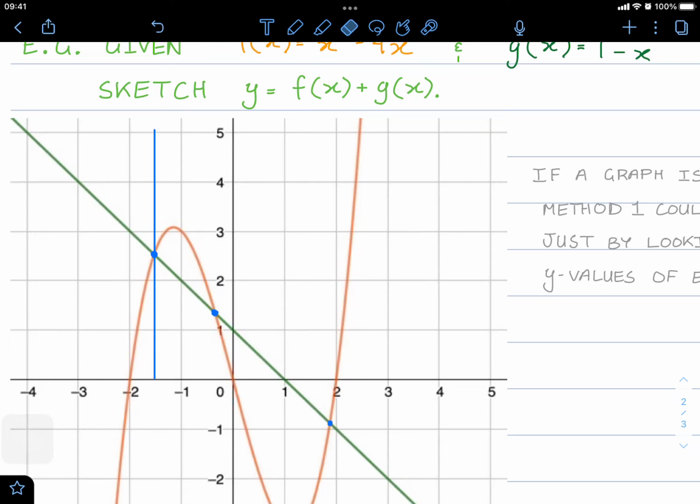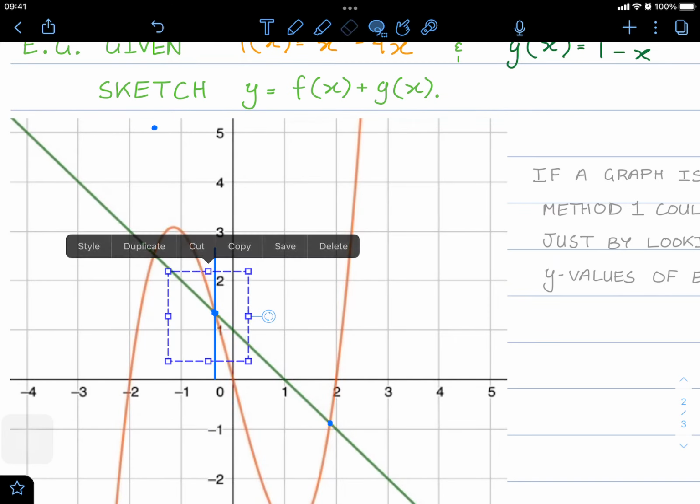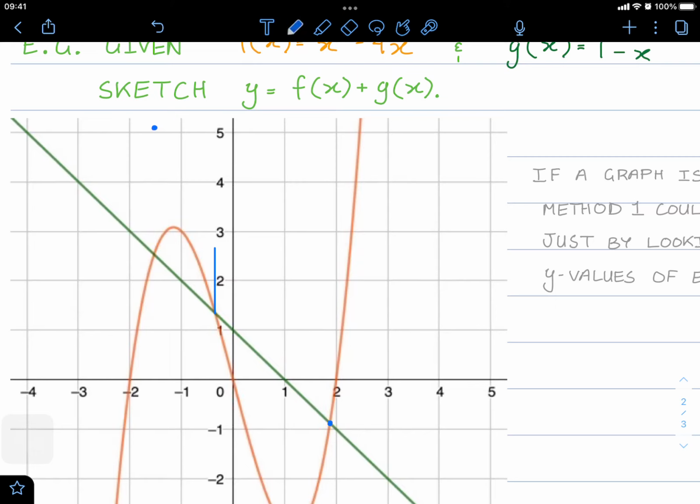Oops, it wasn't quite at 5. It's a little bit higher than 5. There we are. Likewise with this one, we take this height against the x-axis. You can use a ruler for this, and we double it like so. We take that value there.